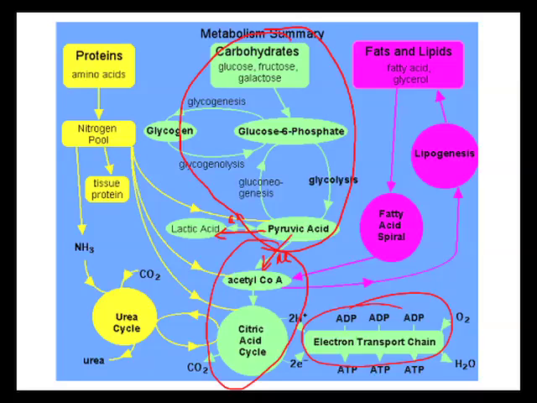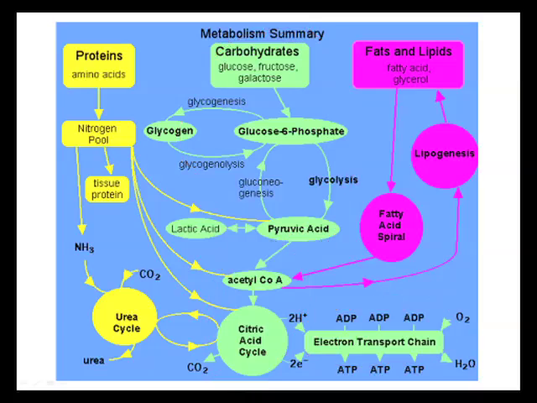And as I said last time, we have side reactions that can feed into various parts. Notice that various proteins can feed into or produce pyruvic acid, which can then go into this reaction here. Or we have nitrogen products coming from proteins that can feed into acetyl-CoA here, which then feeds into citric acid cycle.